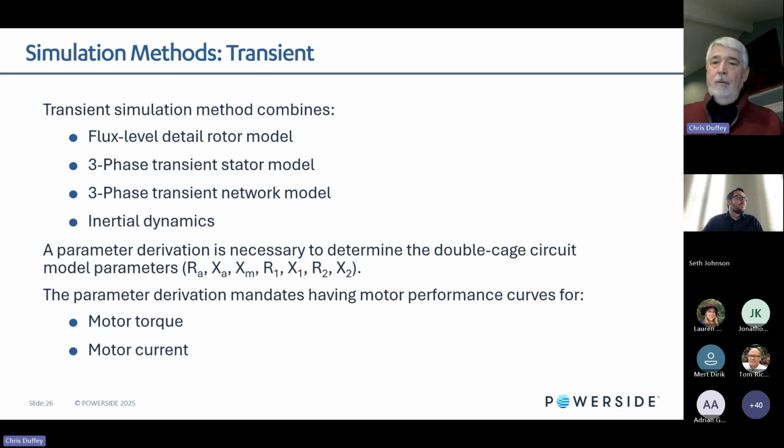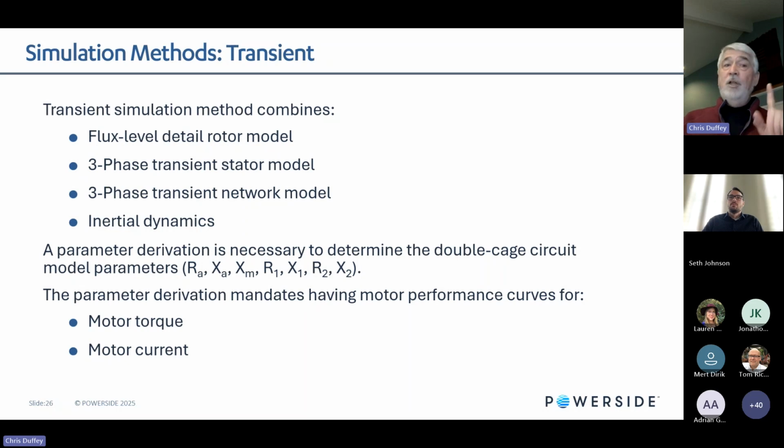So for that model, flux level detailed rotor model, just like what we saw, but the stator is not a simple positive sequence. It's a full three-phase transient stator model, a full three-phase transient network model, the same inertial dynamics, pretty much the same.